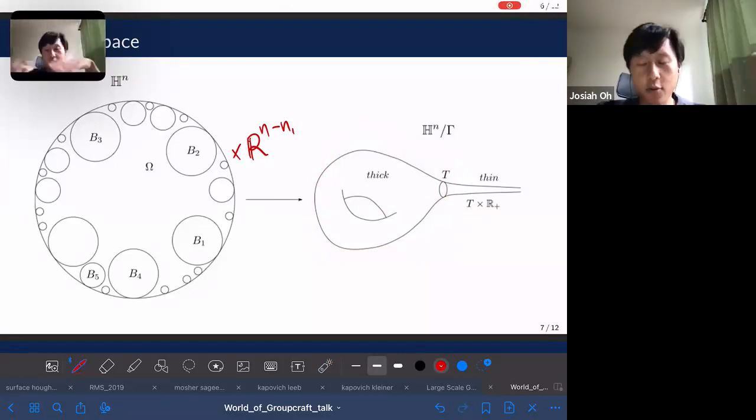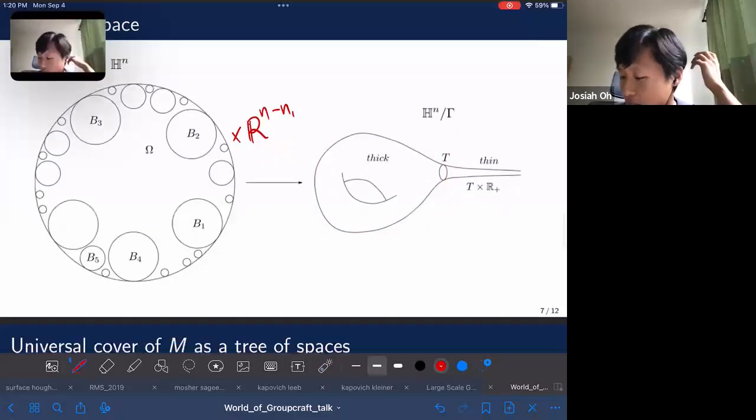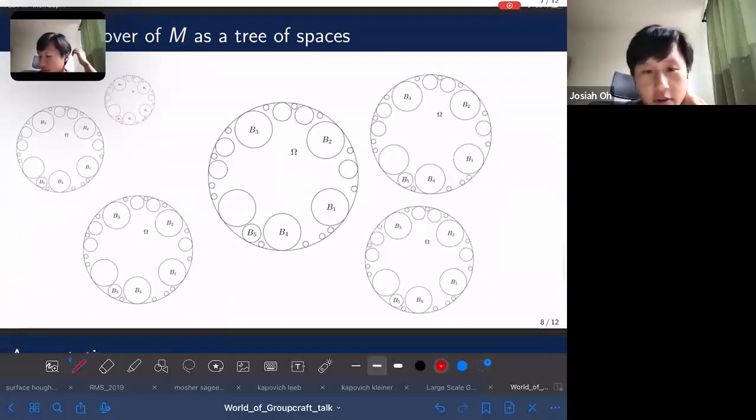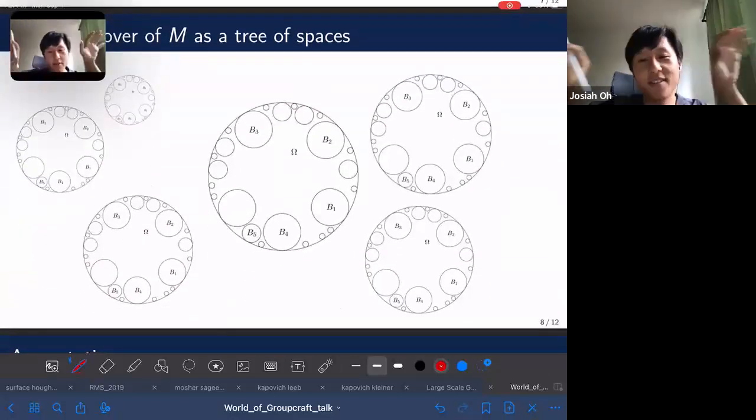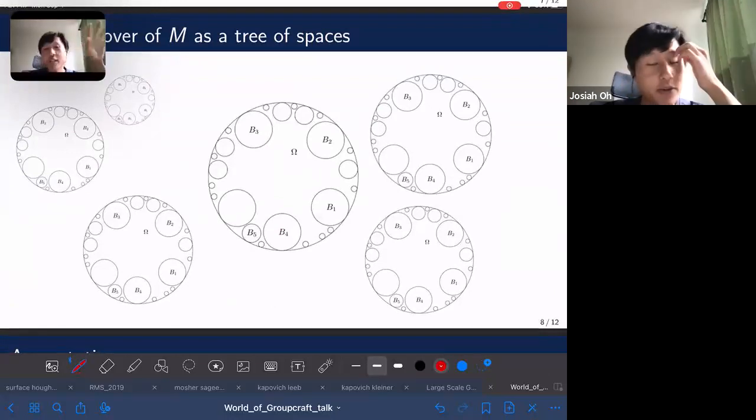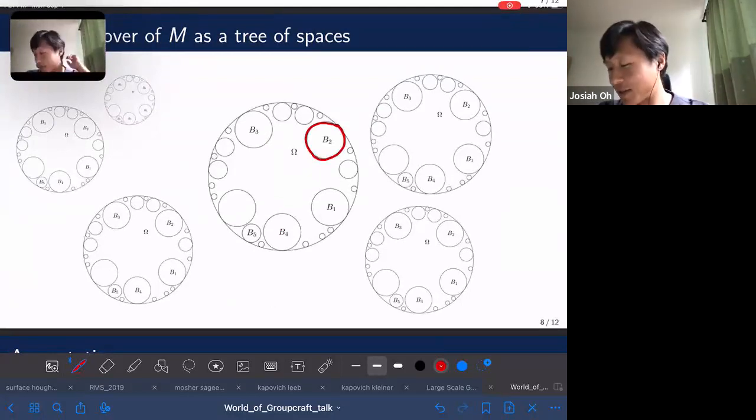And now remember, in our whole graph manifold, these pieces are glued along the boundary tori. So when we look at the universal cover of the whole space, the universal cover of M, we have what's going to be like a tree of these neutered spaces. So for example, let's say one of those boundary tori in the first piece, let's say this is one of the lifts. Again, I'm not drawing the product with the Euclidean factor because that'd be too hard to draw. So just imagine it's always there.